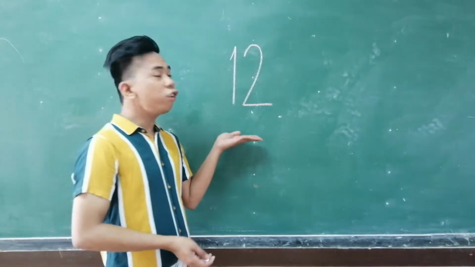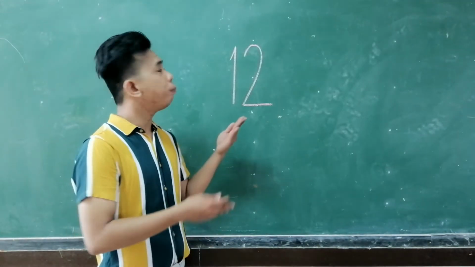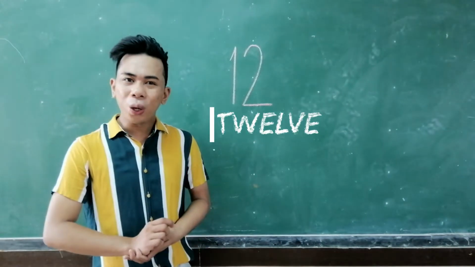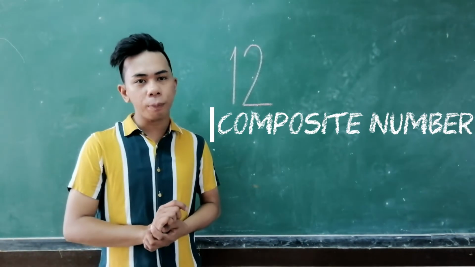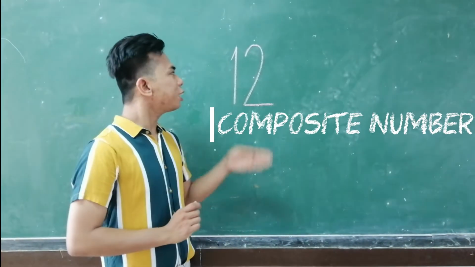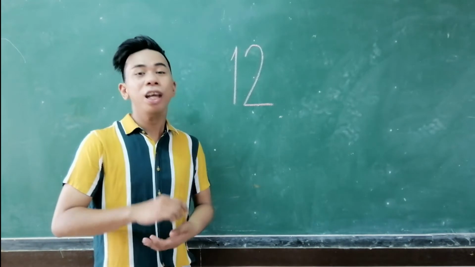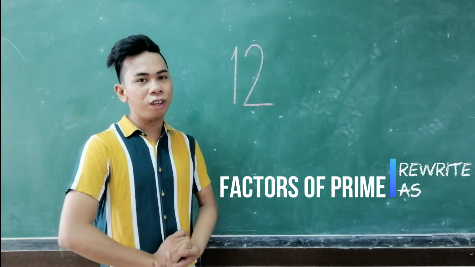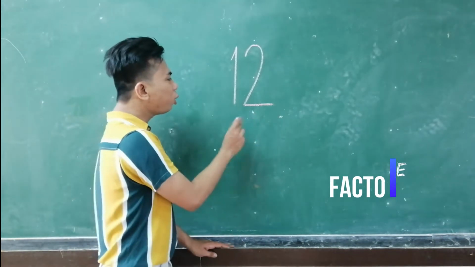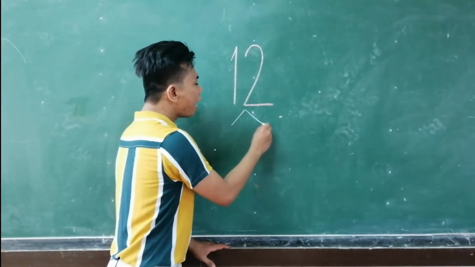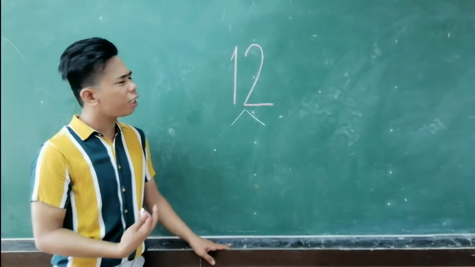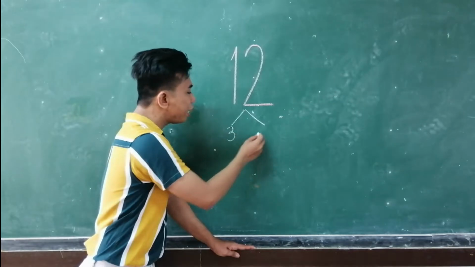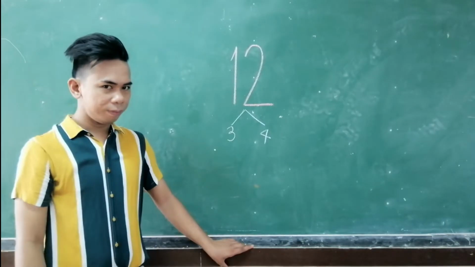So we have here a number. So we have number 12. And we all know that 12 is a composite number. And since 12 is a composite number, we could rewrite it as factors of prime. So 12 obviously has factors. Those factors are 3 times 4.